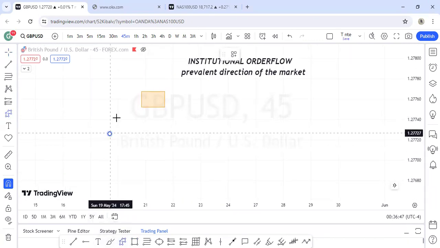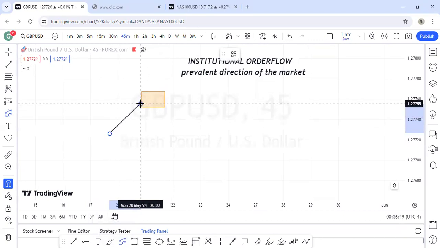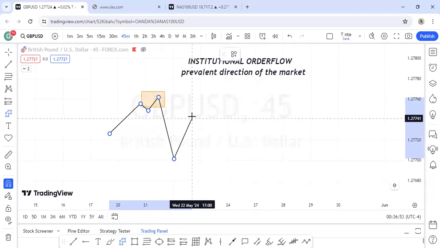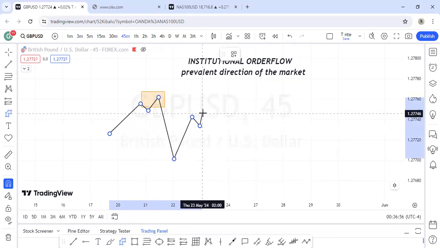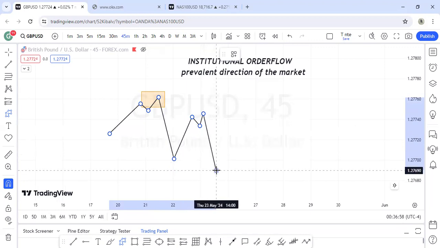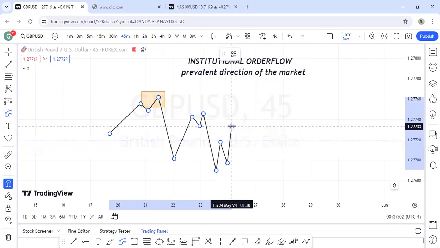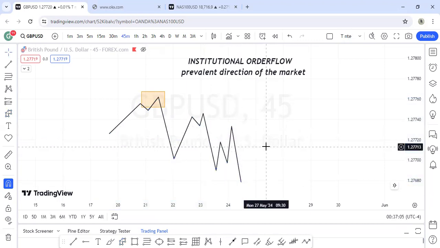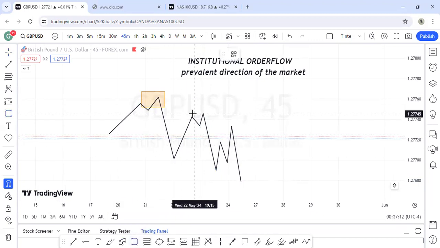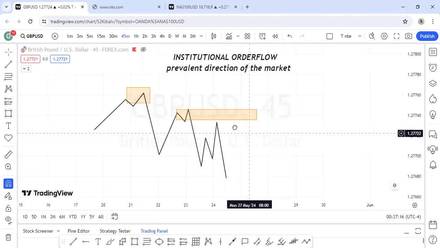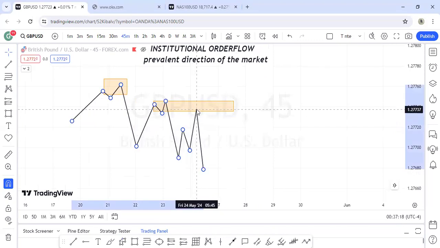So the market can get something like this. Now it's what we call order flow. We are looking at that last up push before the market makes a new low.